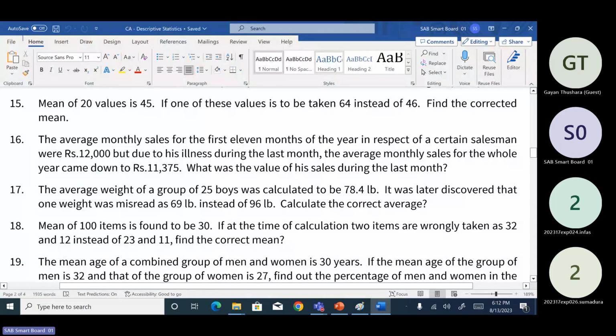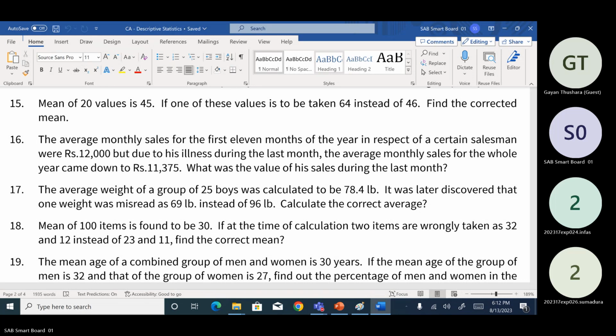So that's a problem like this: the mean is calculated. After some time, they realize that there is a mistake in the calculation. One value is taken in a wrong way. So they are asking us to get the correct average. What we are provided with is the wrong mean.